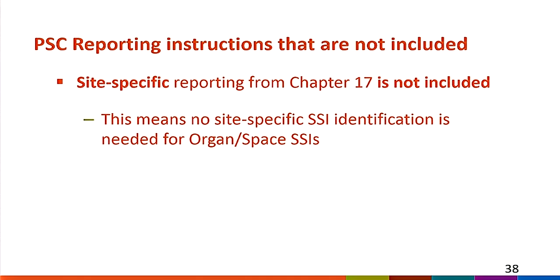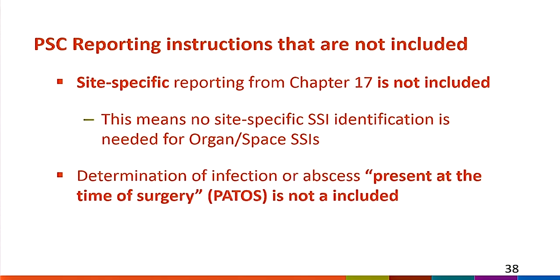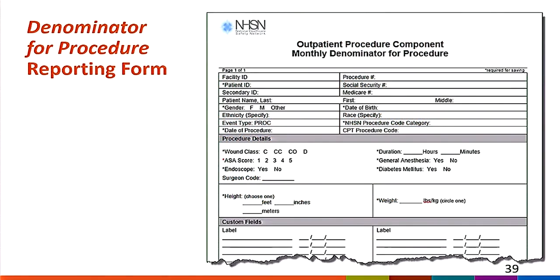This means that infections that are identified as organ space SSIs are not identified at the site-specific level. Also, the determination of infection or abscess present at the time of surgery, PATOS, is not included.